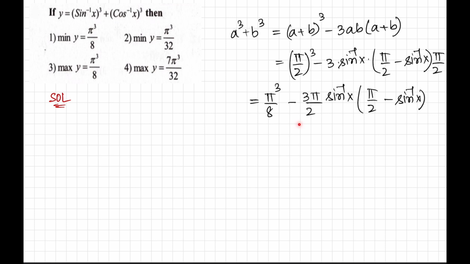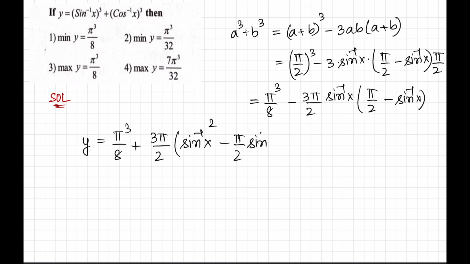If we simplify this term, this expression y can therefore be written as pi cube over 8 plus 3 pi by 2 into sin inverse x squared minus pi by 2 sin inverse x.